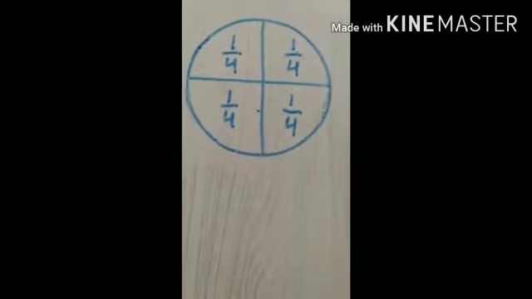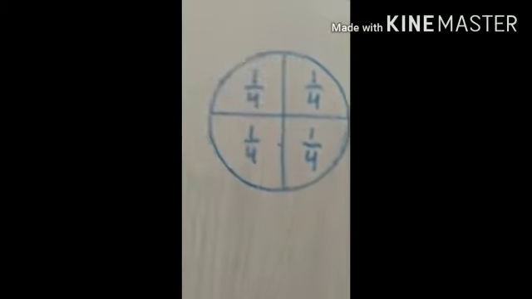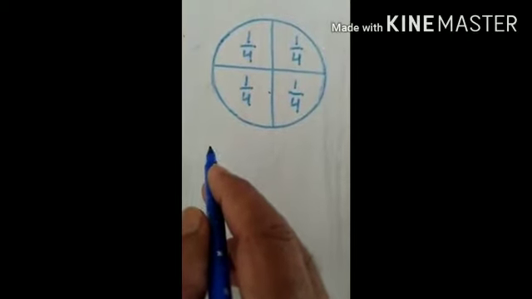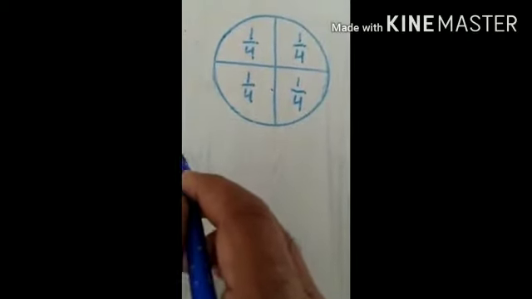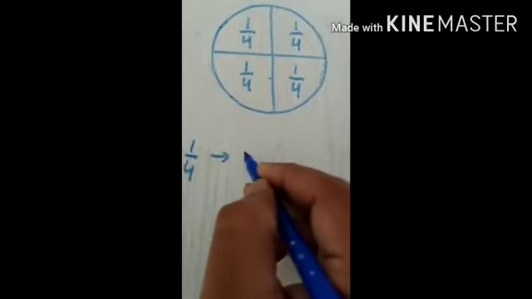So each part is called 1/4 of the whole circle. So the fraction of each part is 1 by 4, and we call 1 by 4 as 1/4.